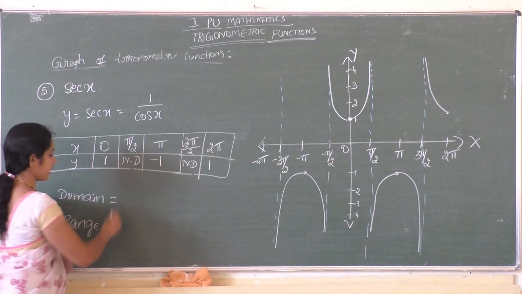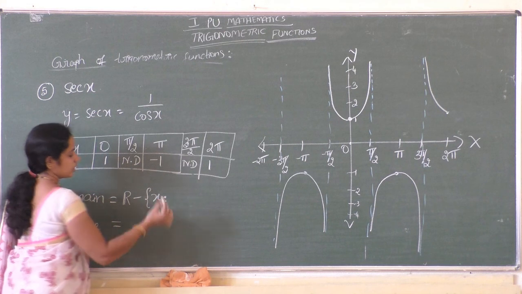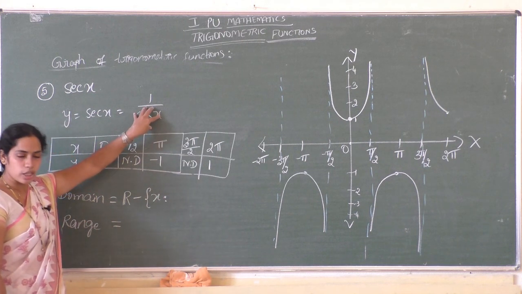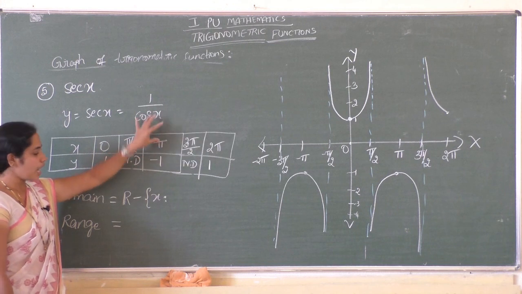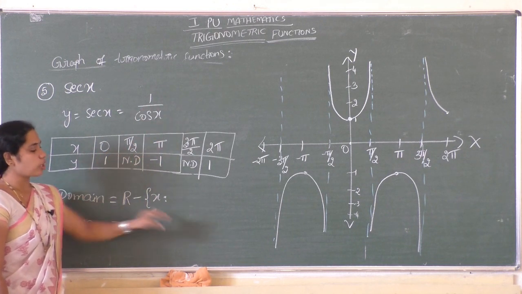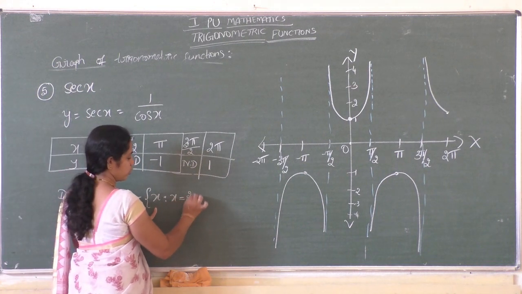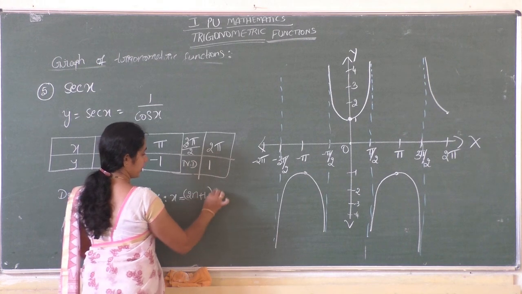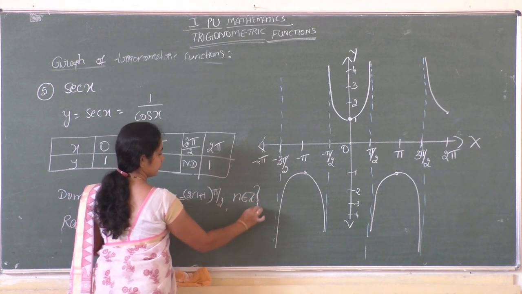Odd multiples of pi by 2 are removed from the set of all x. When cos x is 0 the function is not defined, so we must remove those values. So x belongs to R minus the odd multiples (2n plus 1) pi by 2, where n belongs to Z.